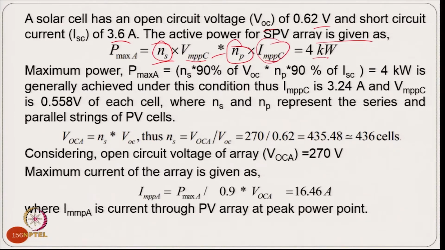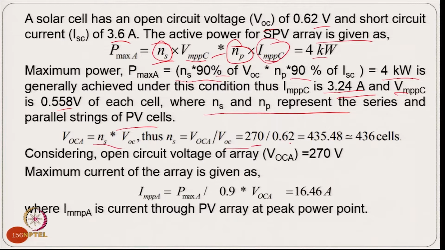That is equal to 4 kilowatt, and normally the maximum power occurs at 90% of the open circuit voltage and 90% of the short circuit current. So, from that we have an MPPT current of 3.24 and an MPPT voltage of 0.558 for each cell, where Np and Ns represent the parallel and series strings of PV cells.